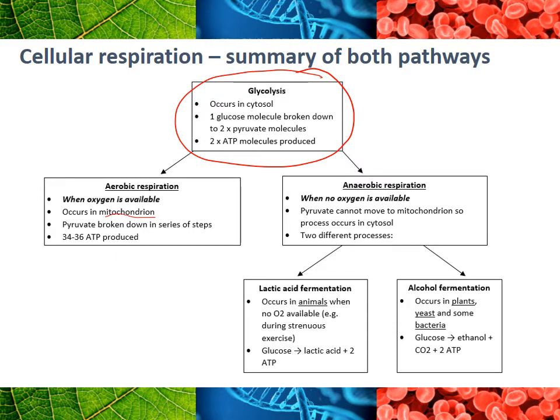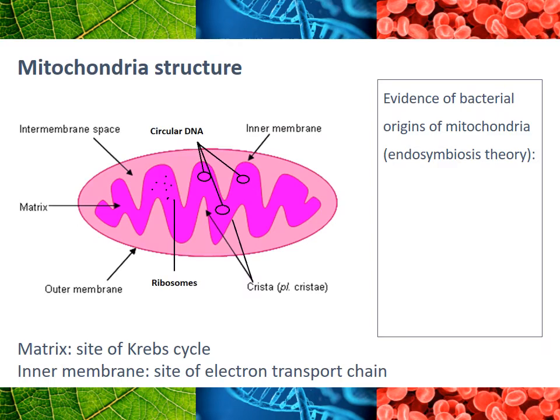So we're going to have a quick look at the structure of a mitochondria or a mitochondrion, similar to how we did with chloroplasts, because you do need to know which part of the mitochondria each section occurs at. So you will need to do a diagram like this in your notes if you haven't already.